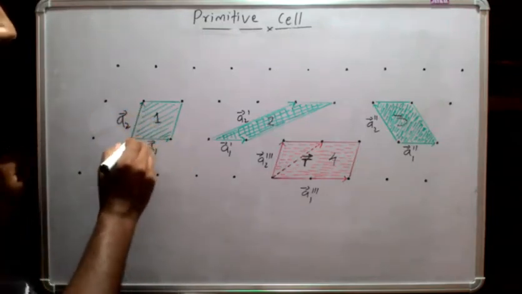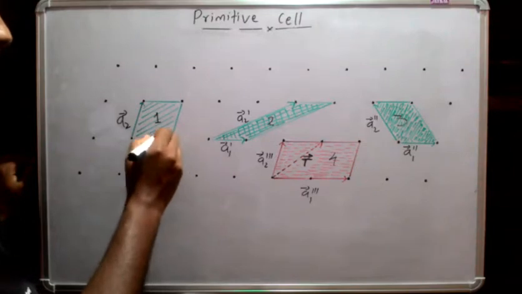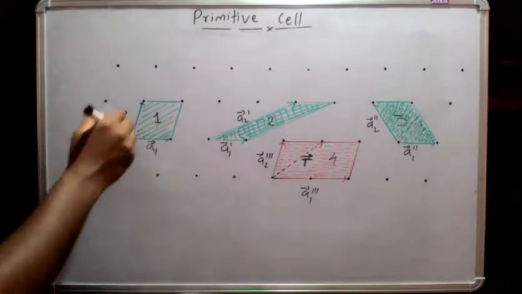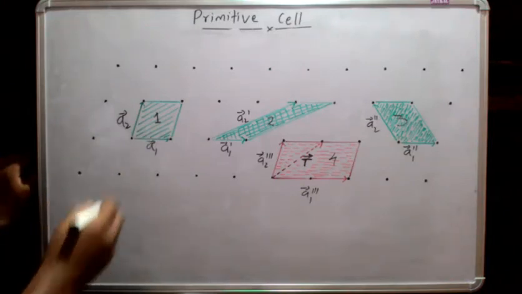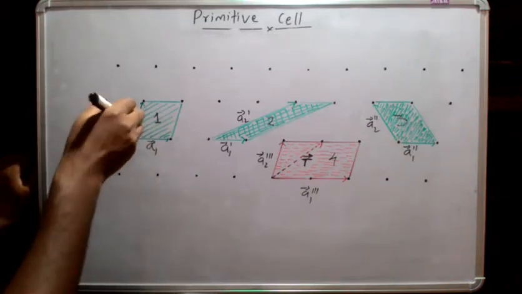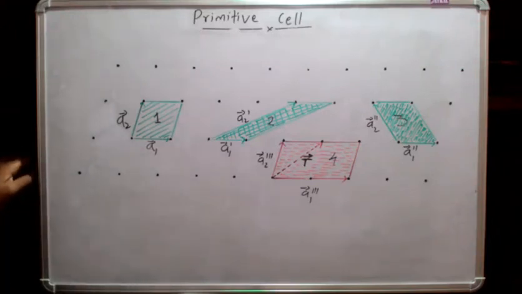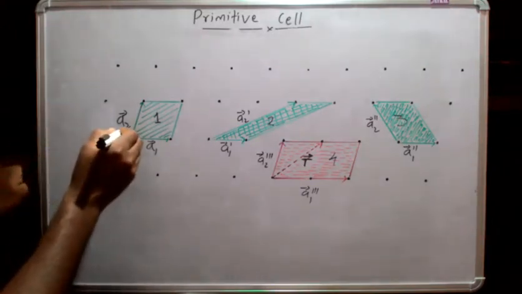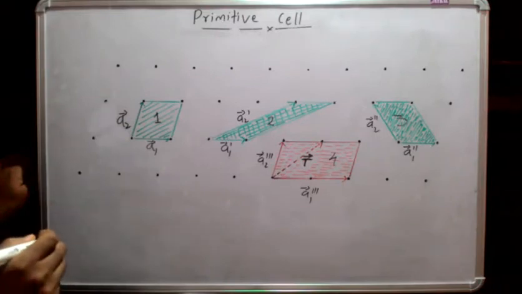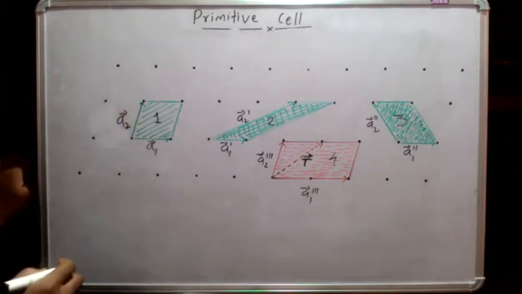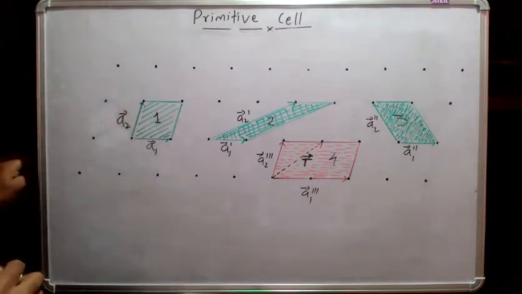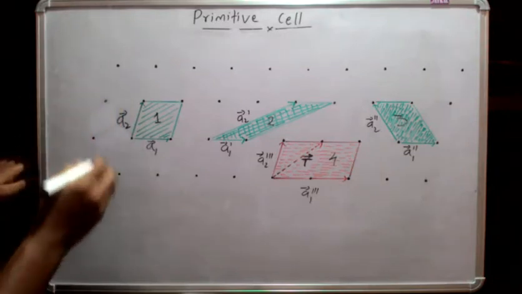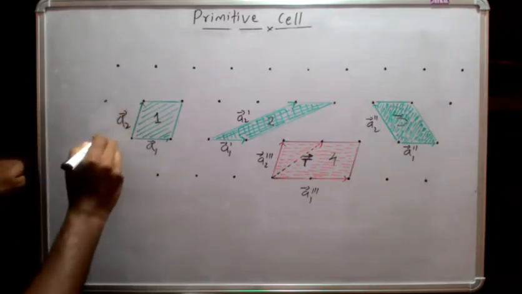Look at this. These are the primitive translation vectors A1 and A2. The importance of translation vectors: any two lattice points can be connected by the translation vector T. If I select this point, then I can choose the translation vector in this way.